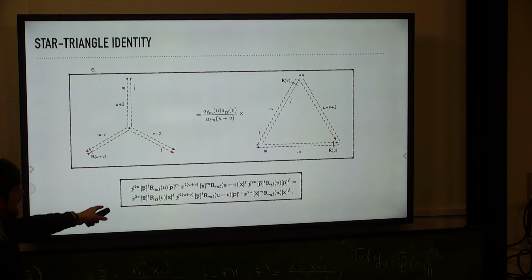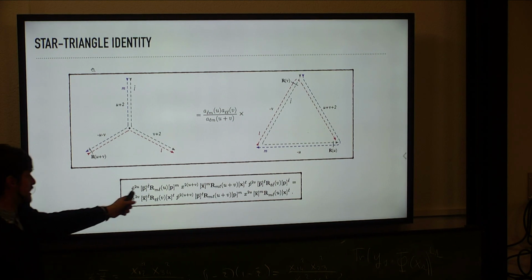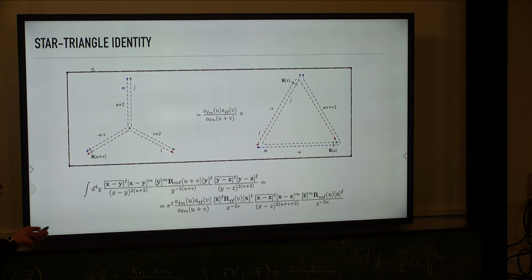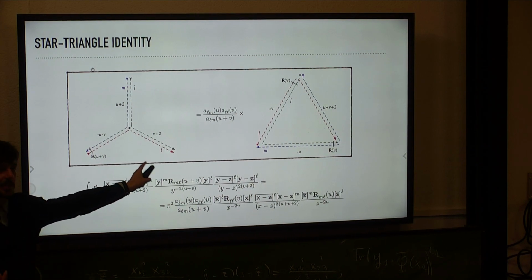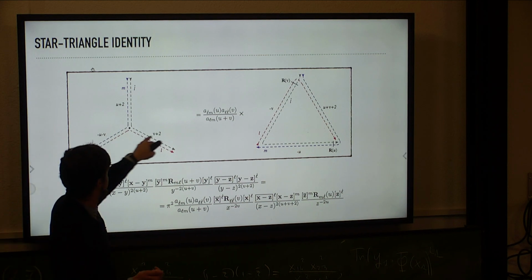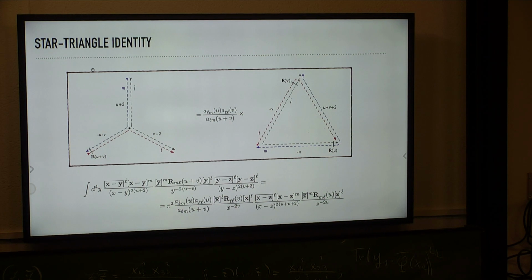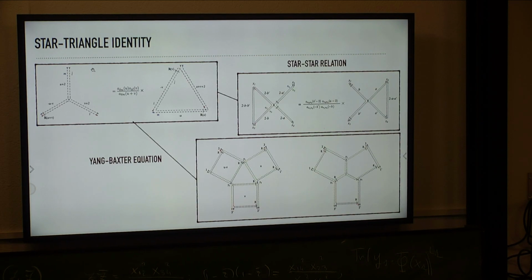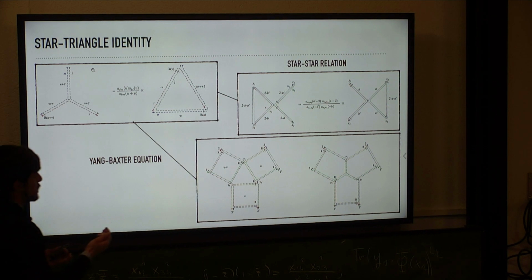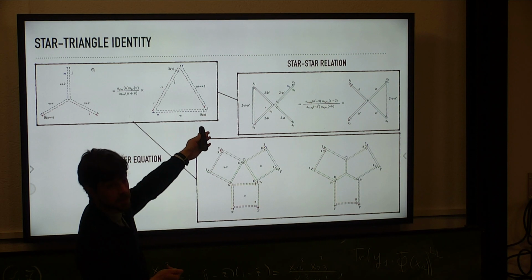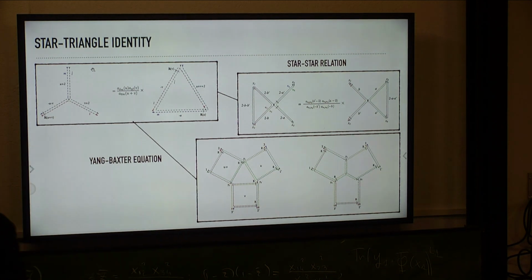So this is the analytic form, the operatorial form, where p's are i derivatives, and x's are coordinates. Or if you want the integral form, also pretty cumbersome, but you see everything is really in this drawing. All the details are in this drawing. You read this drawing, you know these numbers, you see where is R, so computations we can do immediately. And this star triangle relation implies all the relations that were mentioned, for example, in the talk by Bazhanov: the star-star relation, the Yang-Baxter equation, and even more, in fact.